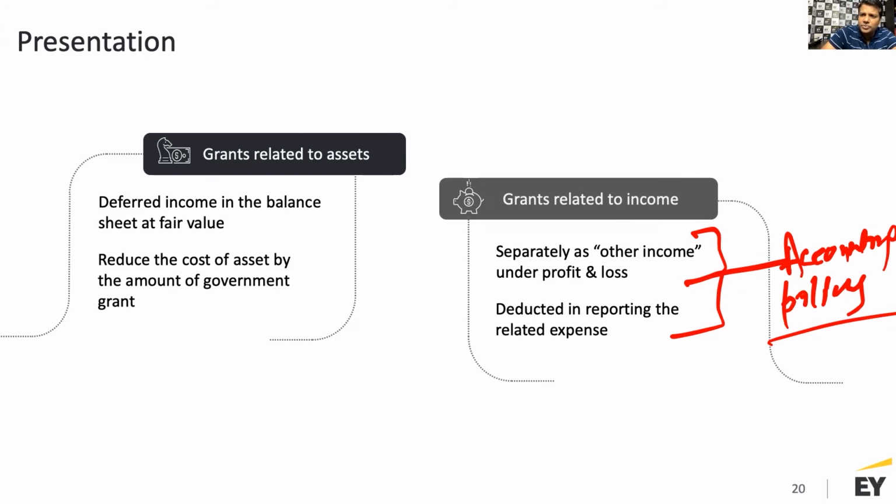So you can either record this as other income or record it as a deduction of the respective expenses which you have incurred to earn the grant or to fulfill all the conditions. If it relates to an asset, you can record it as a deferred income and then record a credit in the P&L over the depreciation period, or actually reduce the grant value from the carrying value of the asset itself. Both possibilities exist.